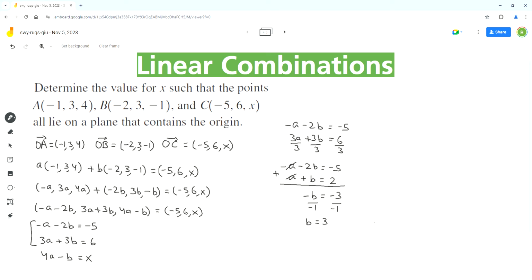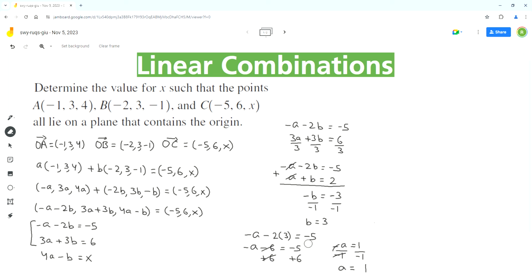Now we can solve for a by subbing in b as 3 in the first equation. We can add 6 to both sides. So I got a equals negative 1.